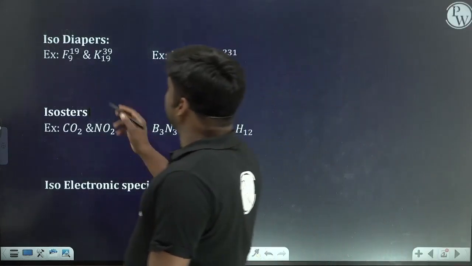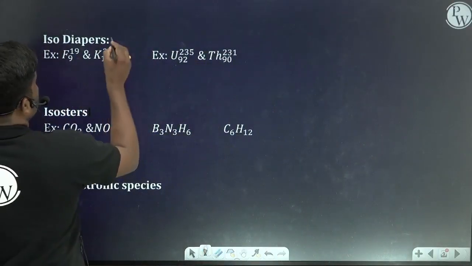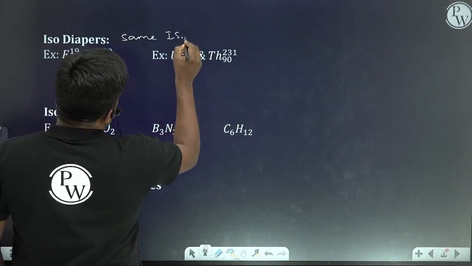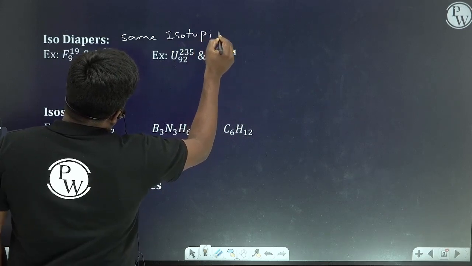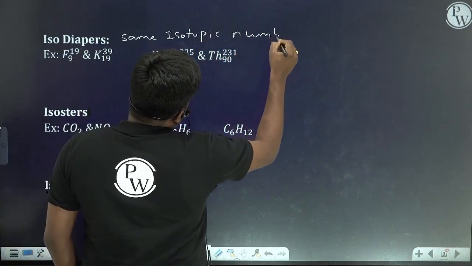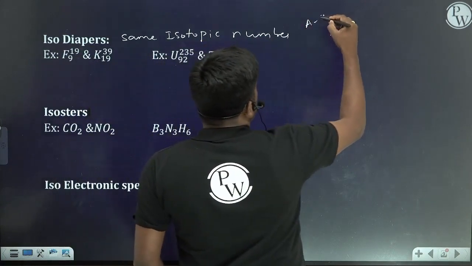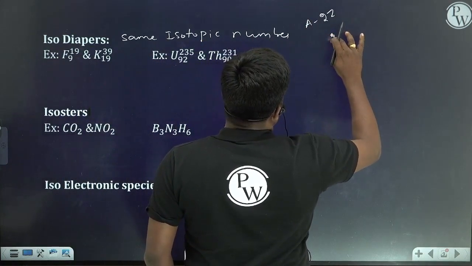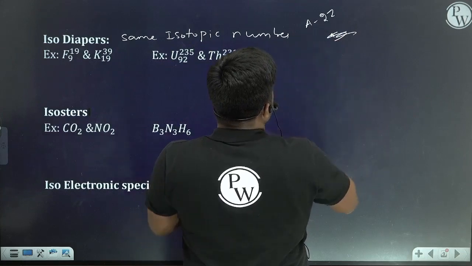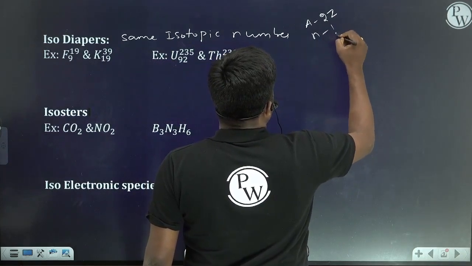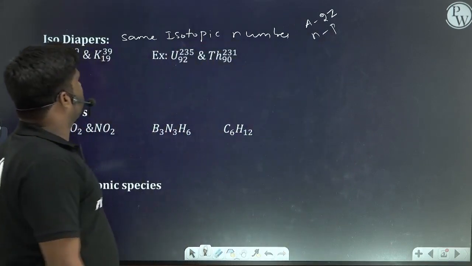So isodiaphers. Isodiaphers means having same isotopic number. Isotopic number means what? A minus 2Z or N minus P value should be same.